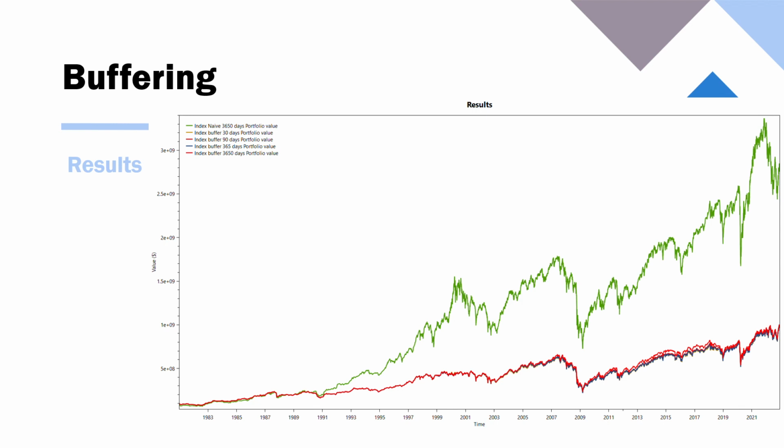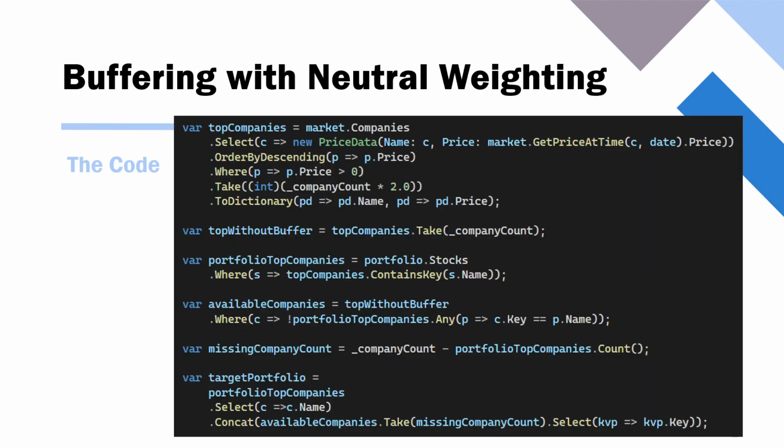So what I did do at this point was decide to go back to the neutral weighting approach. And I thought, what if we applied buffering to neutral weighting? So this is relatively straightforward. It's probably the most complicated we've done so far, but it's still not too bad.